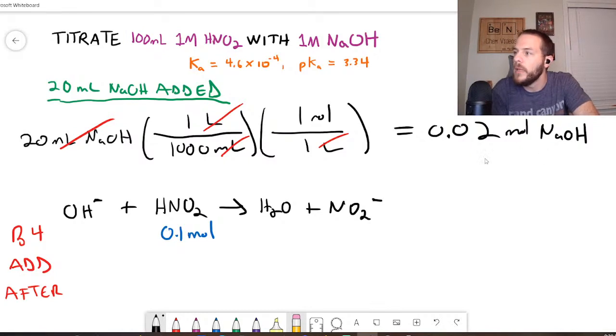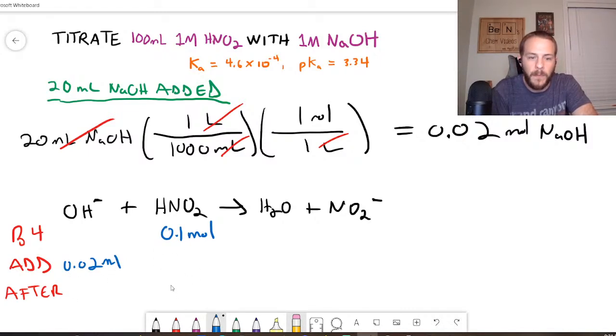So when I perform this sort of calculation, where I'm keeping track of before, the addition, and after, the amount that I add is going to be 0.02 moles of sodium hydroxide. That means the amount of nitrous acid is going to decrease by 0.02 moles.